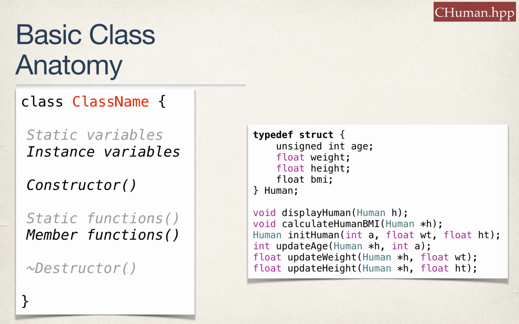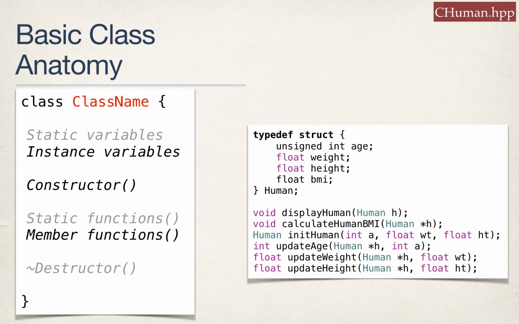And they have access to all other functions and all variables in the class. That's different from the outside looking in, where you'll have limitations and you can enforce rules about that. You also have two very special functions known as a constructor and a destructor. Constructors get called when you create an instance of a class, in other words, when you create a variable of that type, and the destructor gets called when it goes out of scope or is deleted.